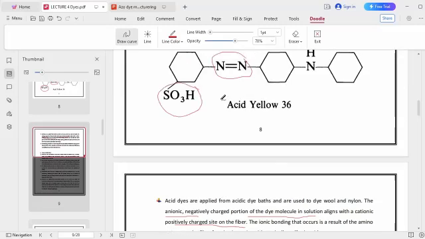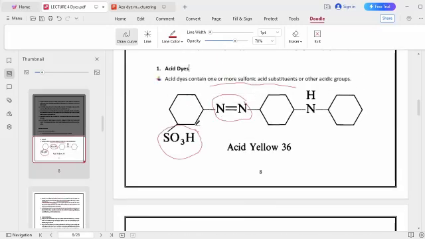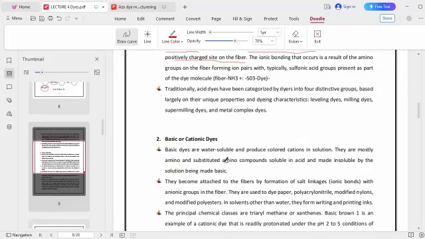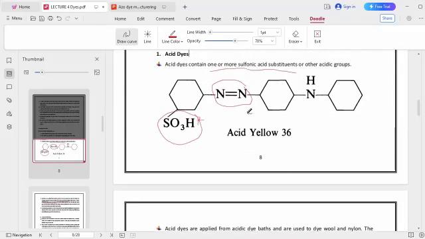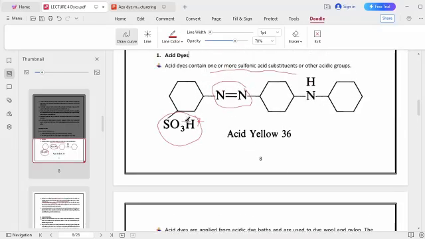Because we said these acidic dyes are also known as anionic, and anionic groups are negatively charged groups. So the positive part of the dye interacts with the positive groups on the fiber. The negative part of the dye interacts with what? With, because it's SO3 minus.